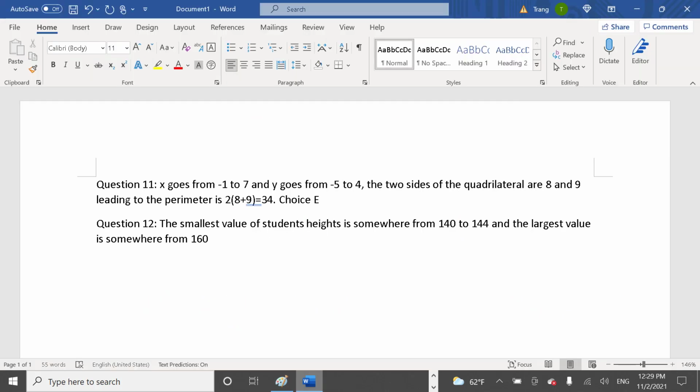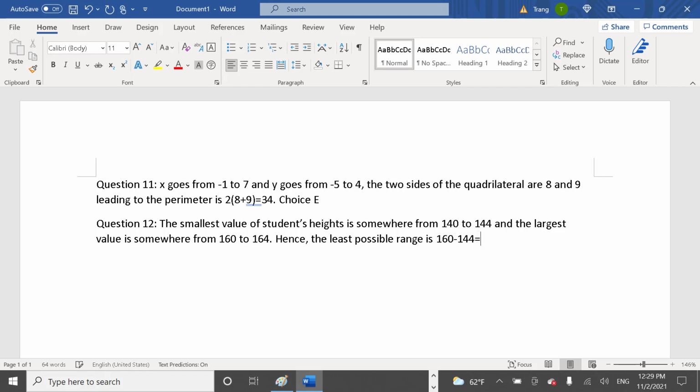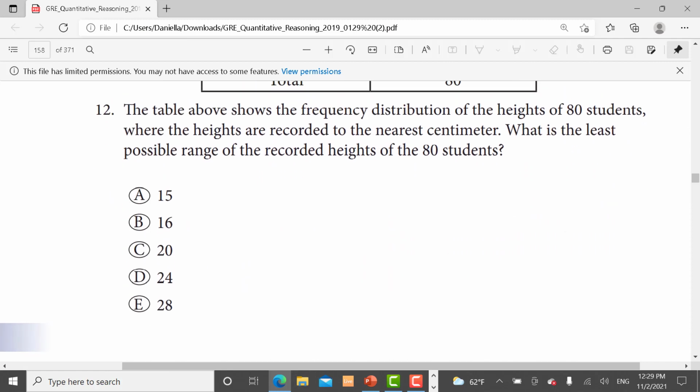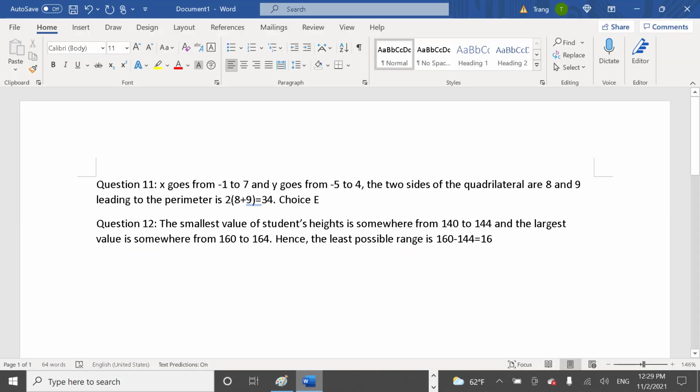Hence the least possible range is 160 subtract 144, which is equal to 16. So we go for choice B. It should be choice B.